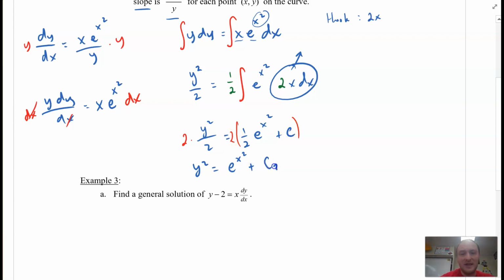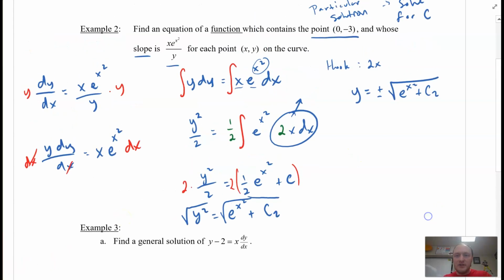Well, 2 times c, that is still a constant, right? So that's still c. And then what we'll go ahead and do is take the square root of each side. Okay, so we get y is equal to plus or minus the square root of e to the power of x squared plus c2. Okay.